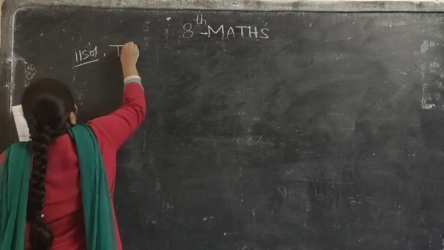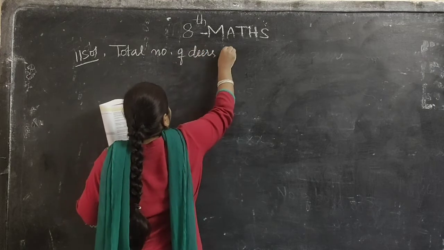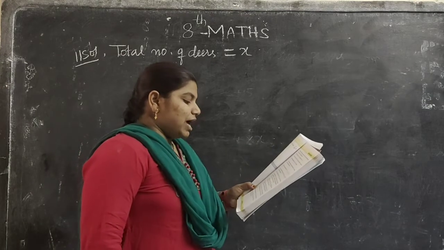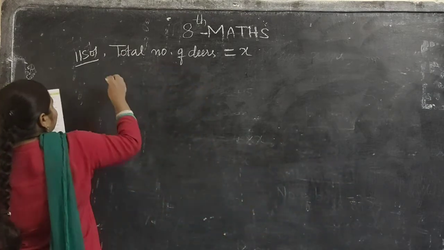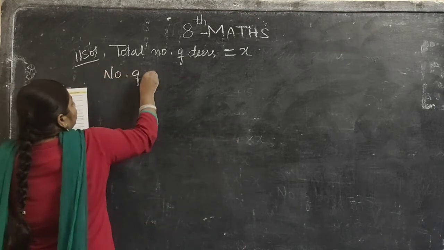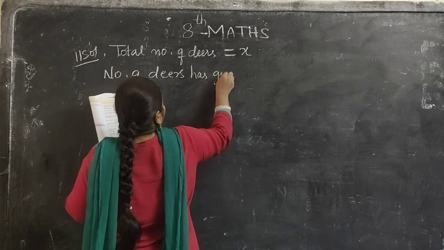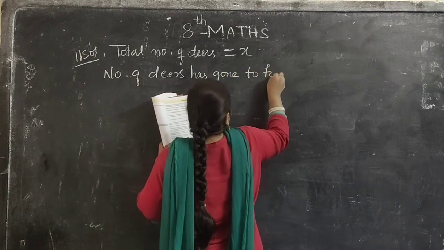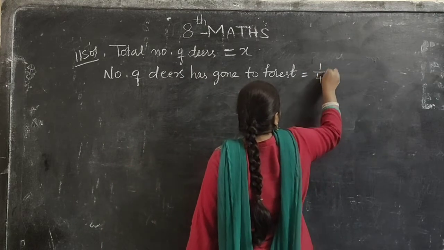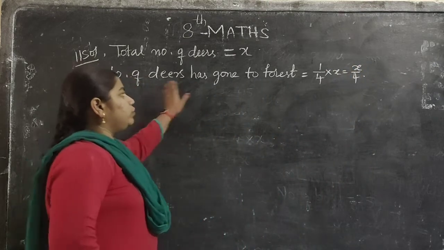So first we will take the total number of deers as x. So x by 4 number of deers went to forest.